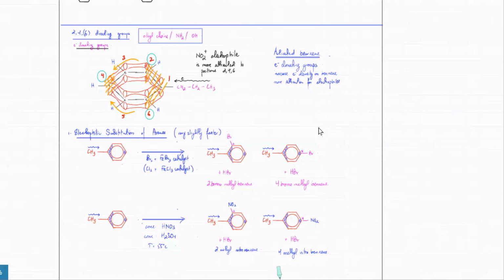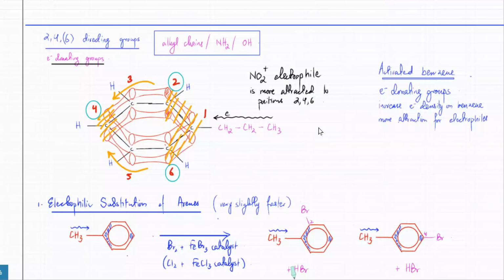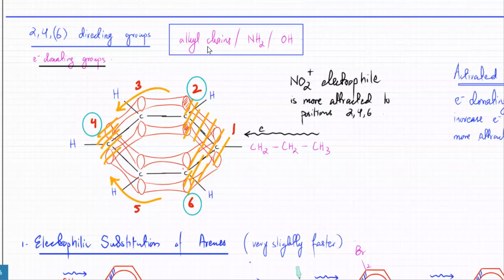This one, we did electrophilic substitution of arenes, the one with alkyl chains, and I told you the conditions remain the same except that it's got a 2,4,6 directing effect. And with NH2 and OH, you had a much higher electron donating effect, which is why the reactions were a lot faster, and you didn't need catalysts for that. Okay, so that is the only difference. Is this clear? Yes, sir.